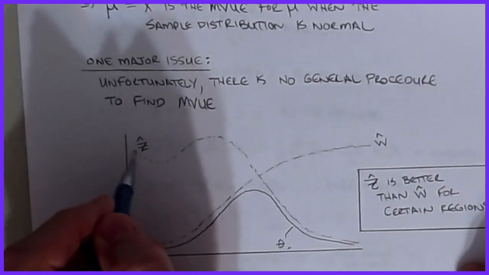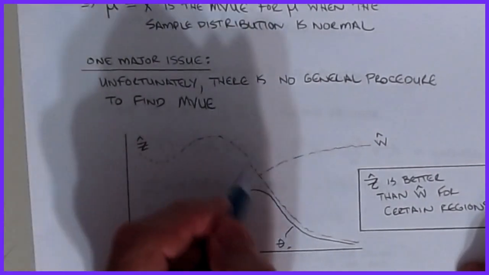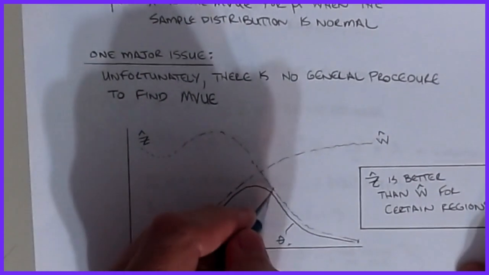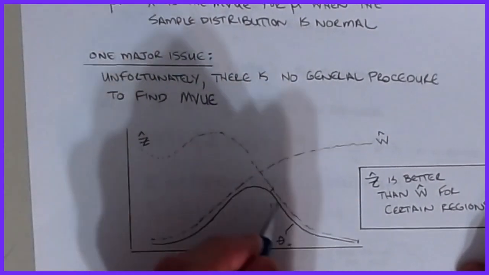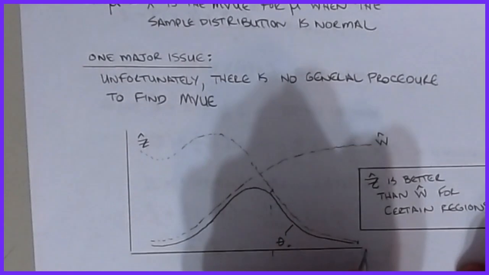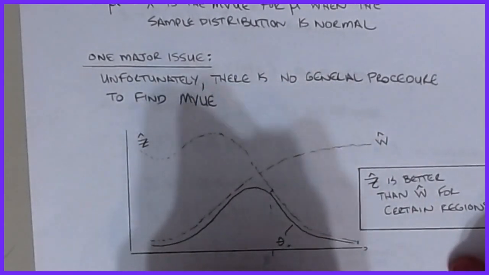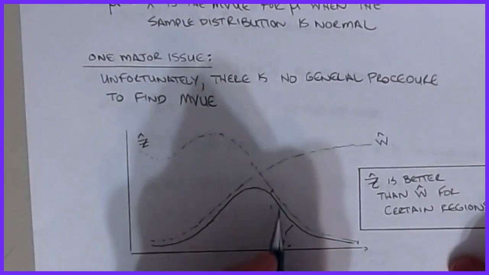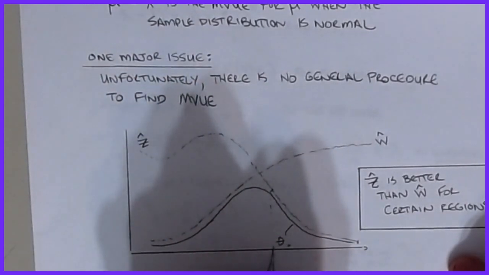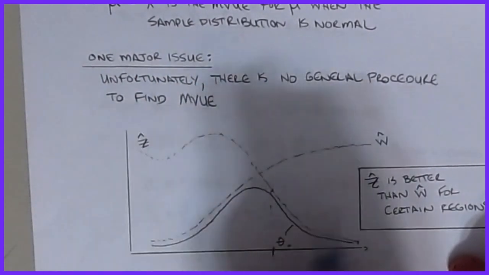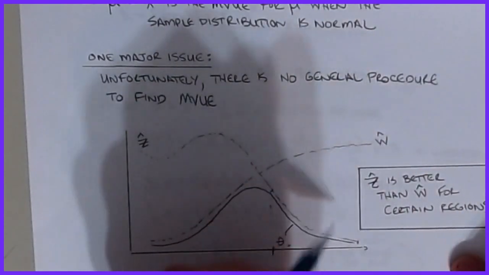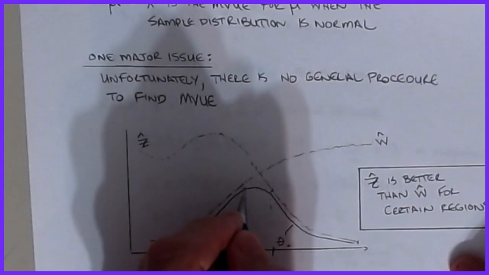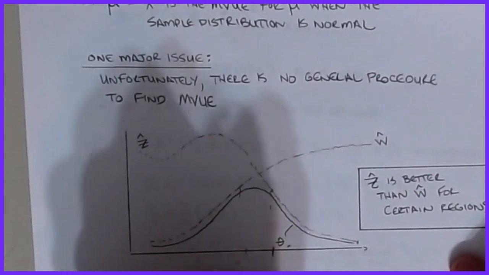This one could have some distribution that looks really crazy, but from about here on it could be perfect, so from this location he's a great choice and a very good estimator from this point on. Likewise, I could have a W that's horrible over on this side but tracks very closely here, so from about here on it's a good estimator.